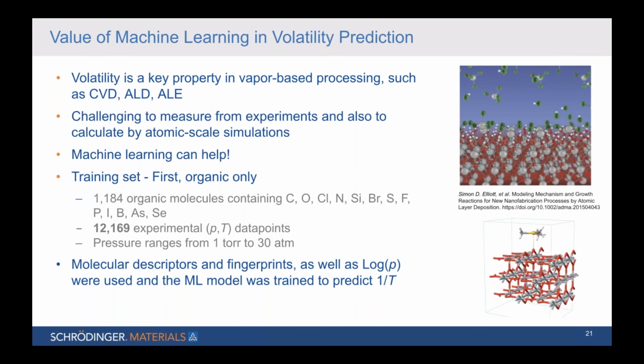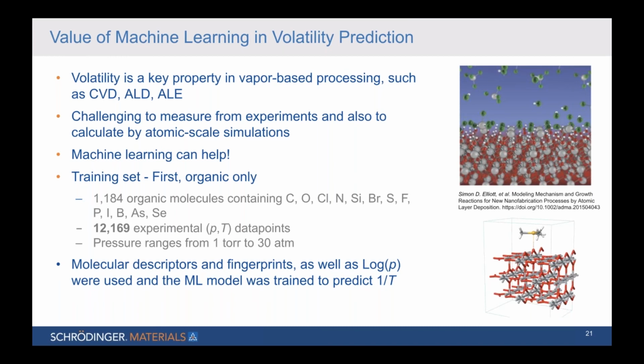Machine learning could help. So the training set we looked into first is organic structures only. This includes over 1,000 organic molecules containing mostly non-metal elements.